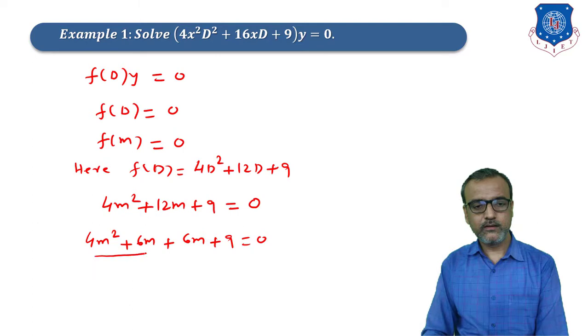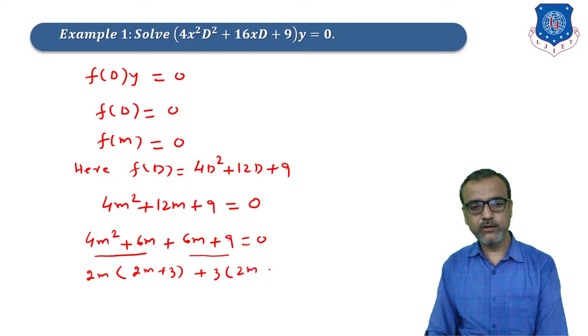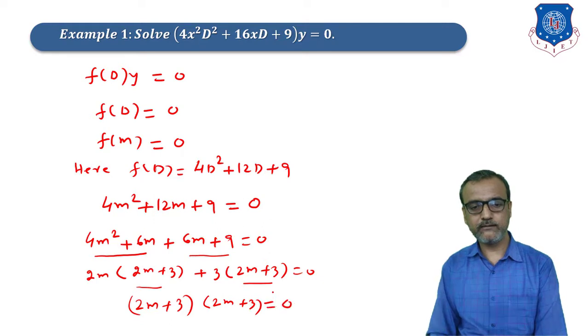Now taking 2m common from the first two terms, in the bracket we have 2m plus 3. Now taking 3 common from the last two terms, in the bracket we have 2m plus 3, equals 0. Now again taking 2m plus 3 common, in one bracket we have 2m plus 3 and in the second bracket we have 2m plus 3, equals 0.